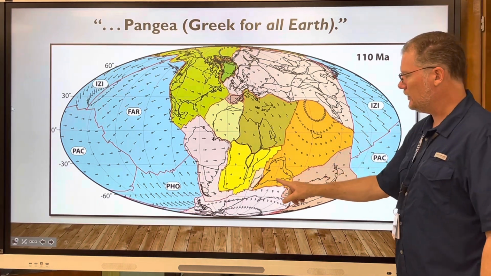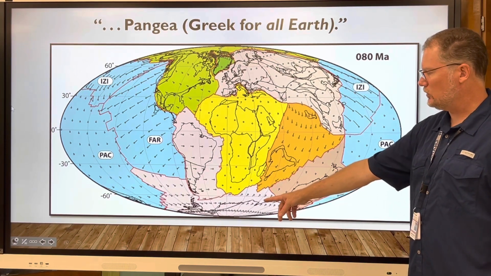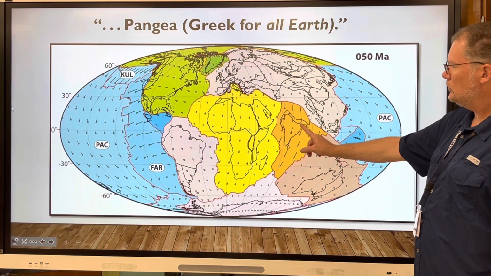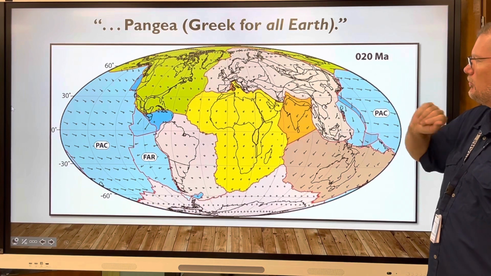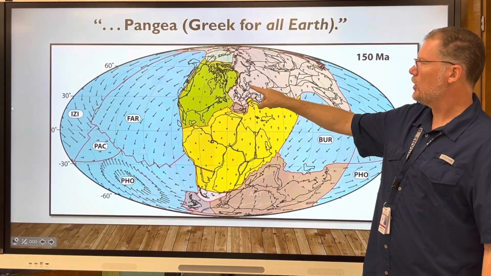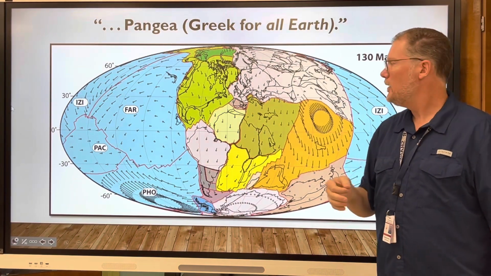You see India goes all the way down here from touching Antarctica all the way up to crash into southern Asia and make the Himalayan mountains. And the African plate is crashing into southern Europe to make the Alps mountains.